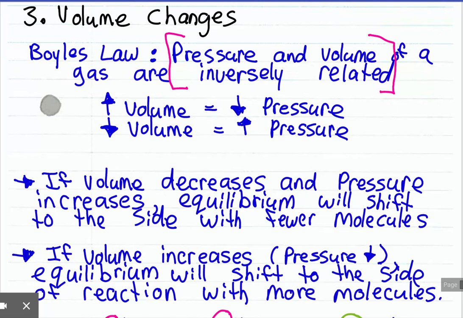It does this to decrease the pressure. And if volume increases, then pressure will decrease and the equilibrium will shift to the side of the reaction with more molecules. After you have this down, we will look and see what this looks like.